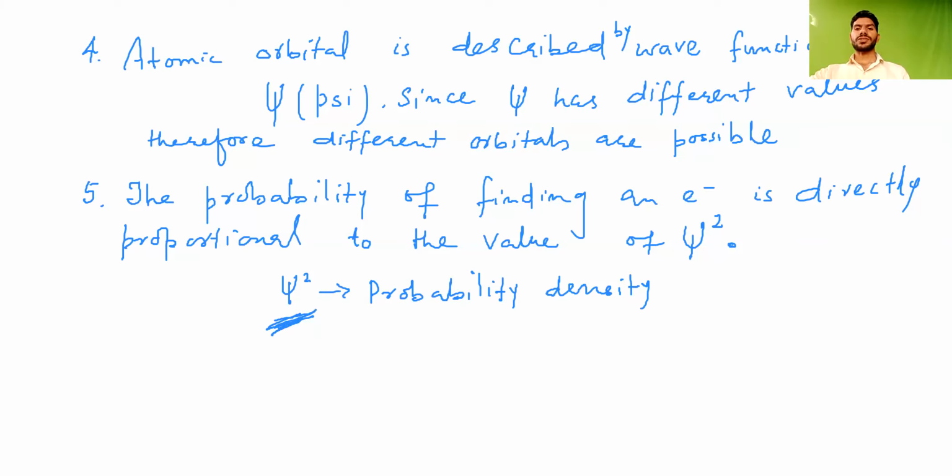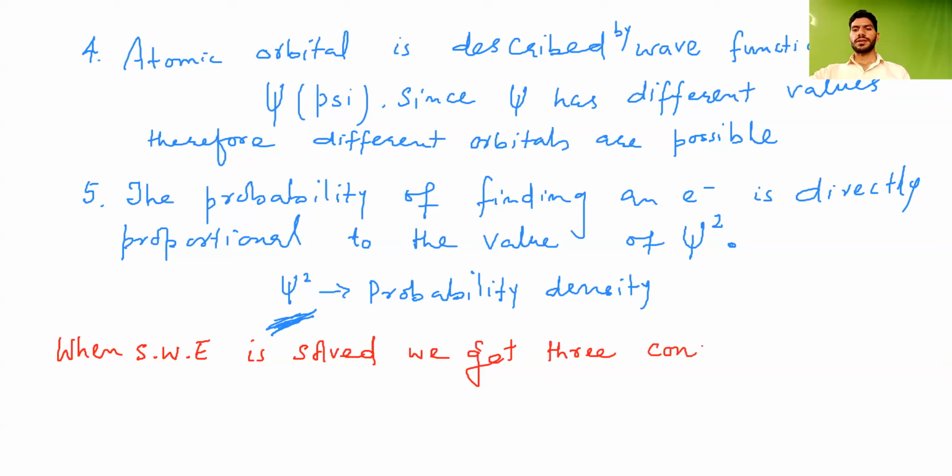Then what we had studied actually, we had studied the quantum numbers. Actually, when we solve this Schrodinger wave equation, we get three constants, or you can say three numbers, which are known as the quantum numbers.